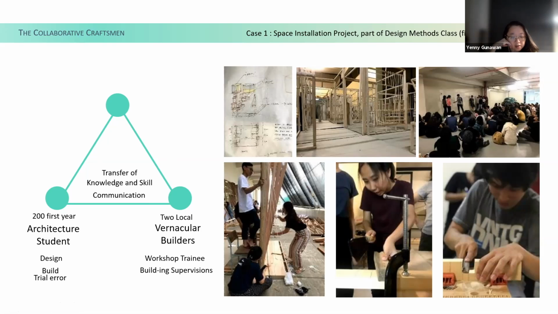But here, after the material workshop, the students design and develop their design not based on the visual style of traditional buildings. Because we teach only joinery, the students have more freedom to interpret the design.